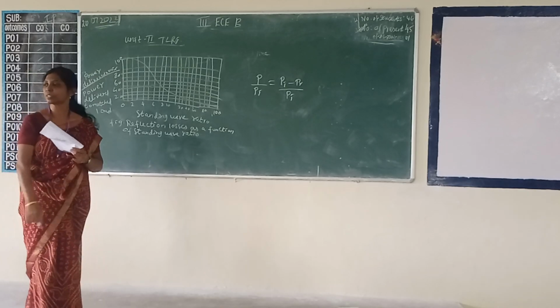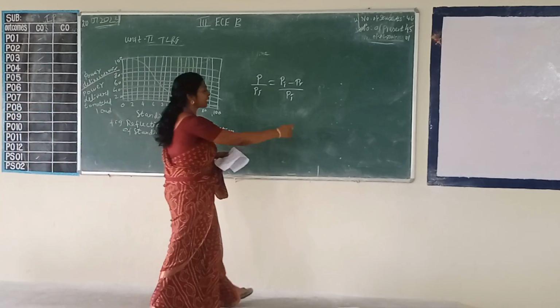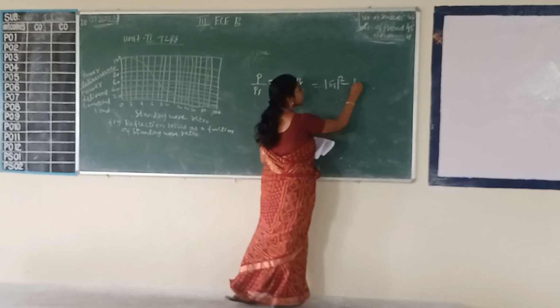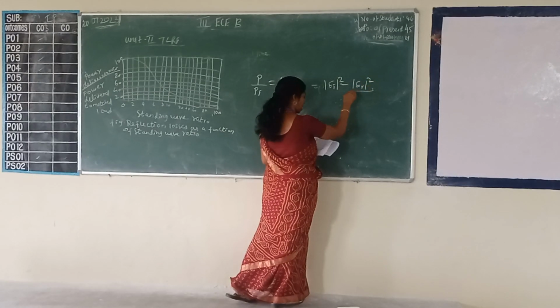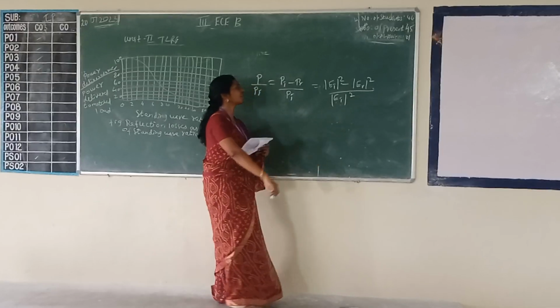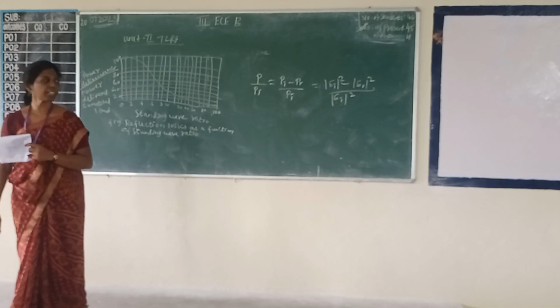We have already derived it in equation number 2. This is equal to modulus of EI square minus modulus of ER square by R naught. Here we have to write the power P alone, divided by Pi.